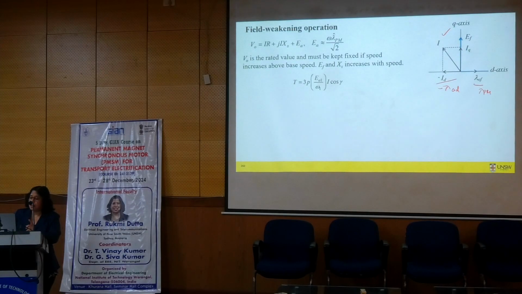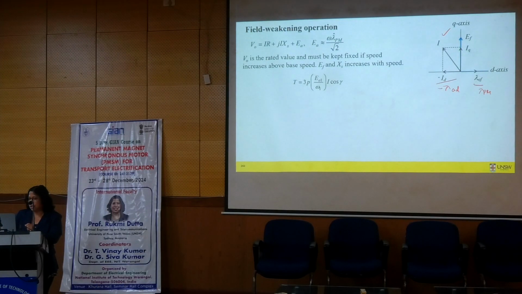So with current control, we could do flux weakening as well, but as I said, the issue is how do you control the AC current easily? And again, because it's based on the steady state equation, it does not provide you the best dynamics during the transient condition.